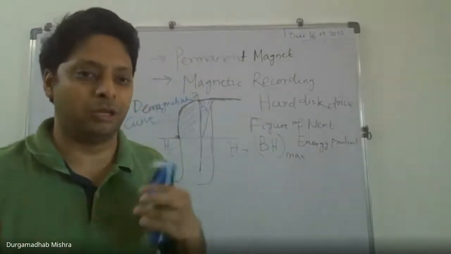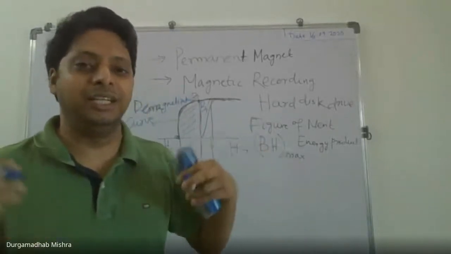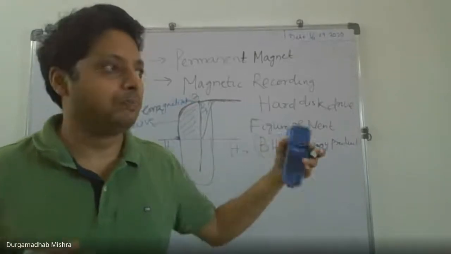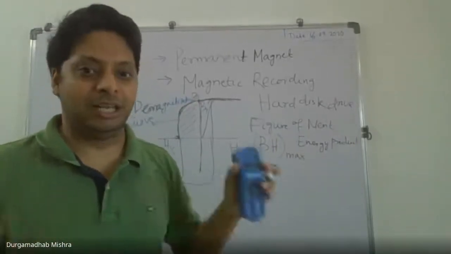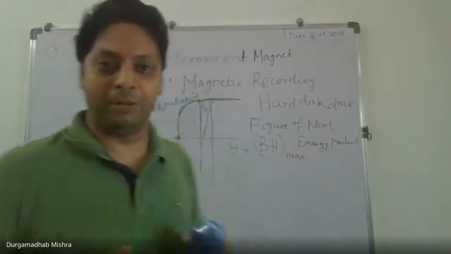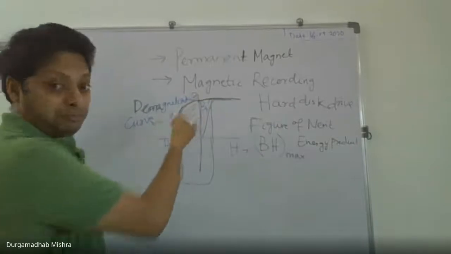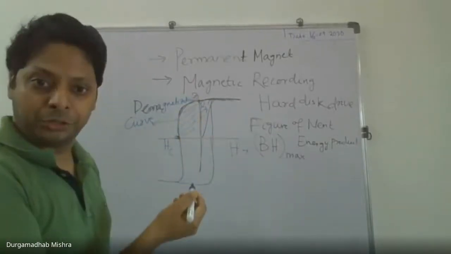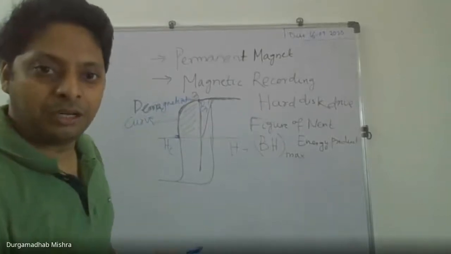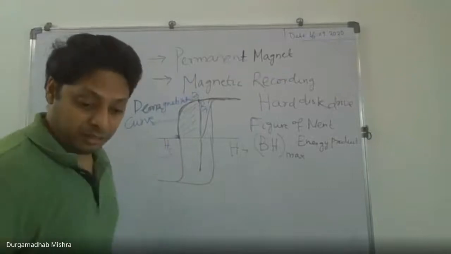It should not be disturbed by any external field or any stray field or any fluctuations, thermal or magnetic, nothing. That is the best permanent magnet. So the more difficult it is to demagnetize, that will be the best permanent magnet.